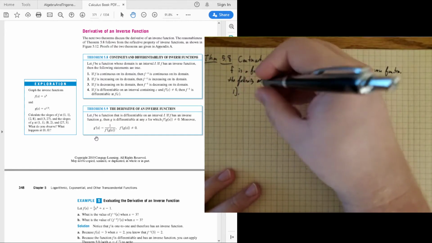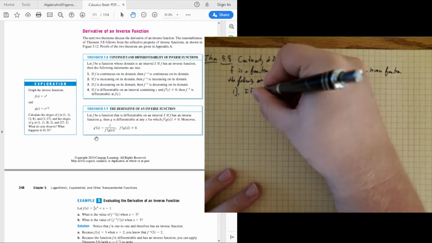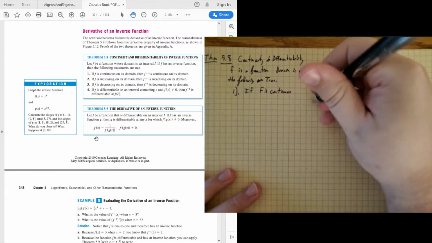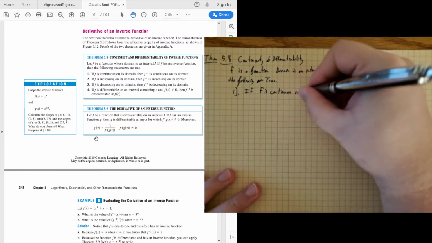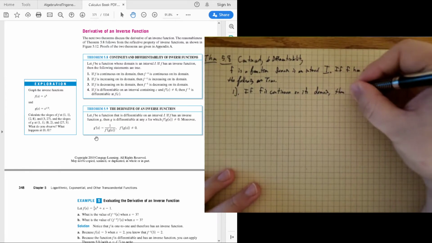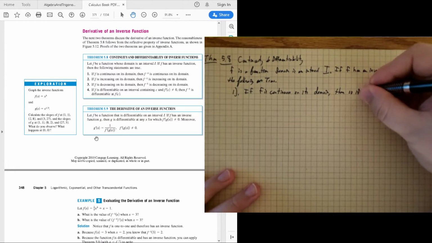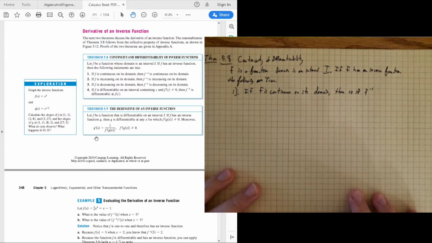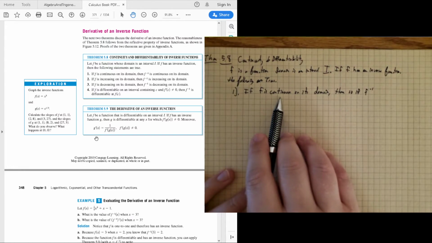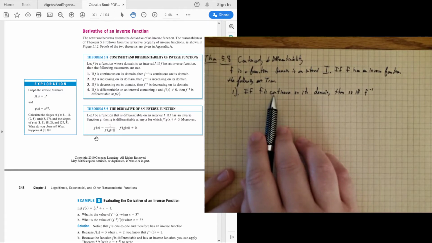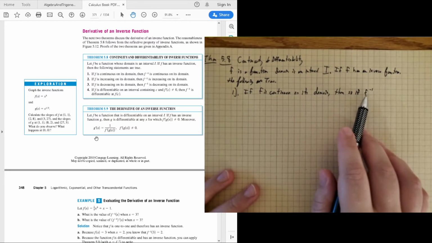If f is continuous on the domain, then so is f inverse. So that's a big detail. In other words, continuity is free. So if you know for a fact that your original function is a cubic function, which we know is always continuous, then guess what? Its inverse will always be continuous as well, as long as it exists.